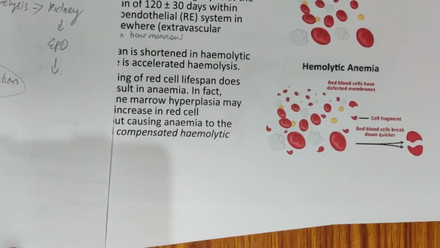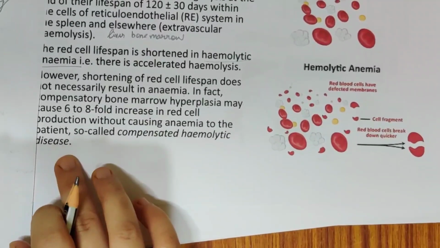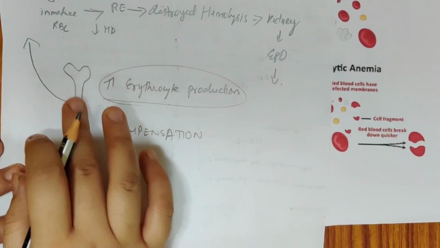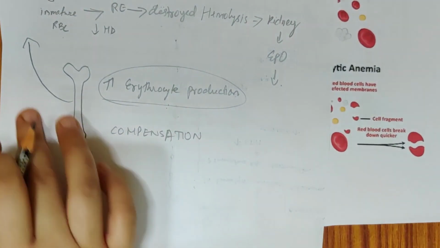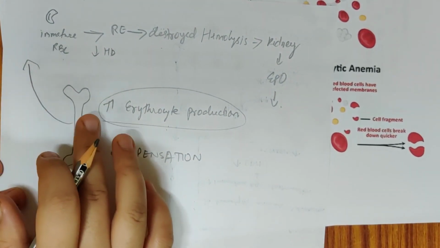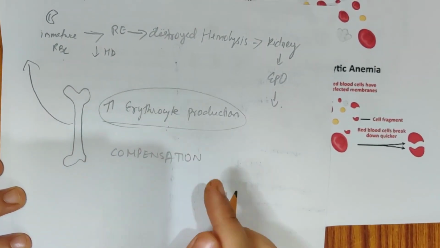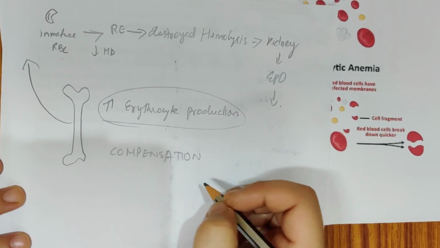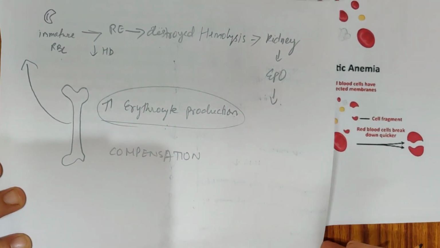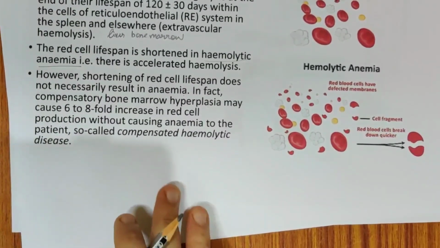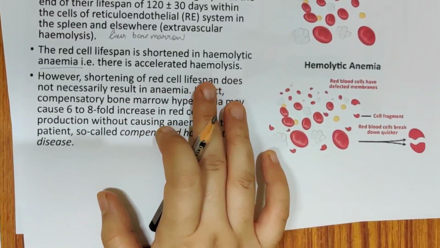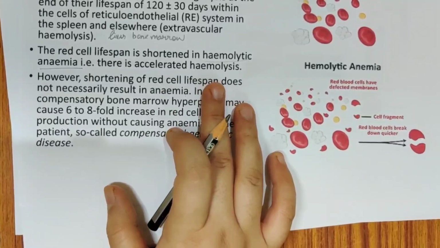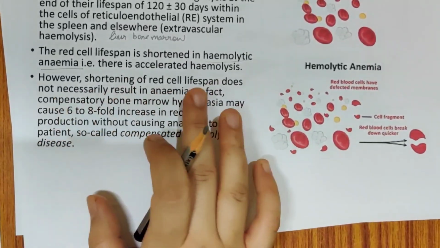So this compensated hemolytic disease is when the erythrocytes produced by the bone marrow can fulfill the requirements of the body. So it is known as compensatory hemolysis. Okay. So only destruction of the red cell because of their decreased lifespan cannot be a cause of anemia.